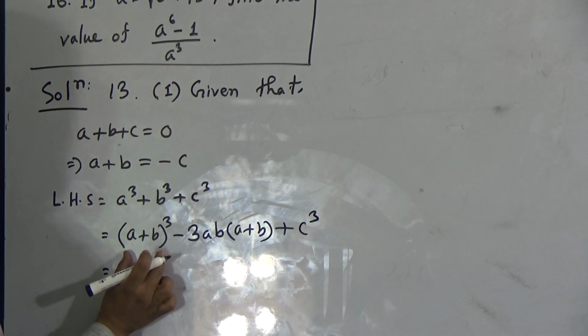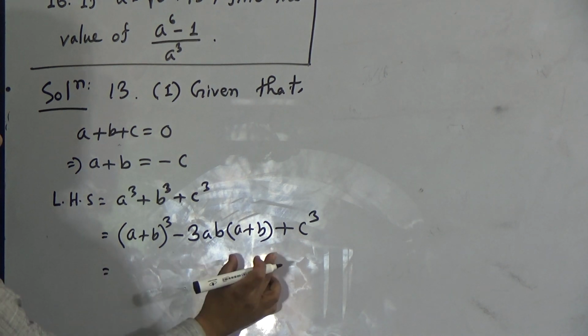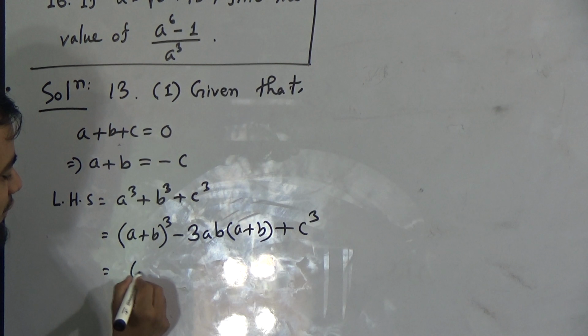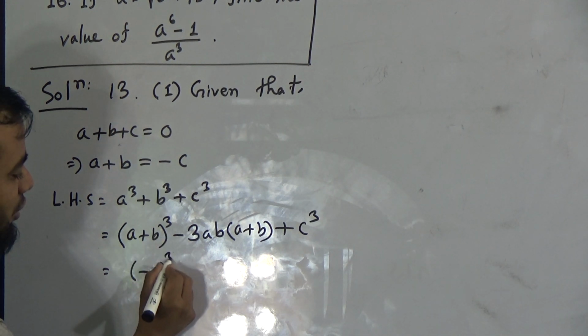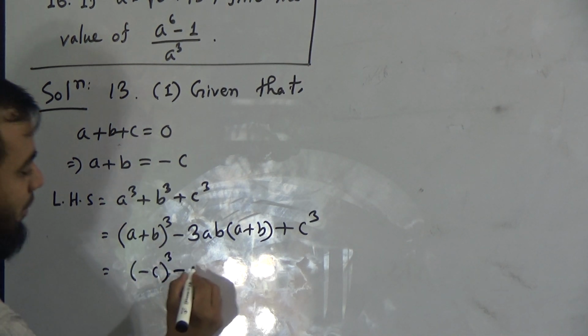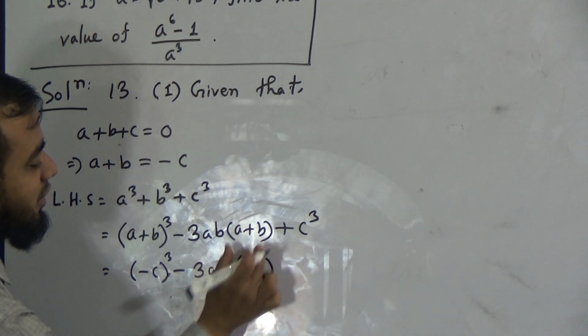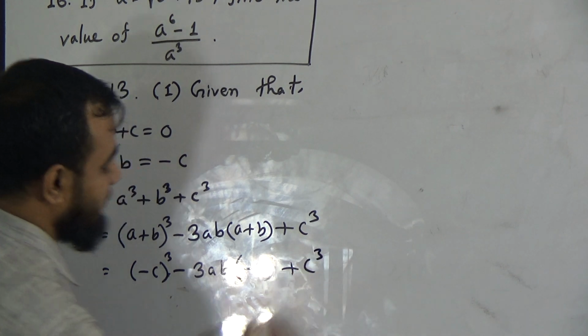If you put the value of a plus b in this expression, then what will happen? A plus b is equal to minus c. So in the place of a plus b, we can put minus c whole cube minus thrice ab into minus c, plus c cube.